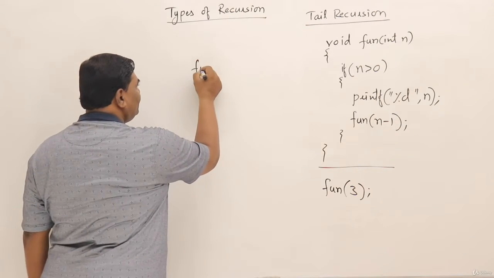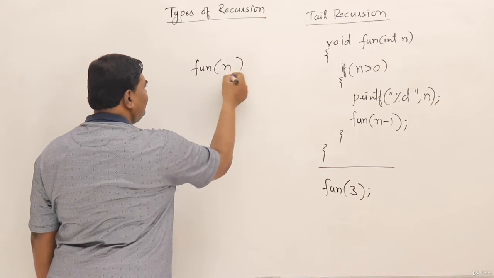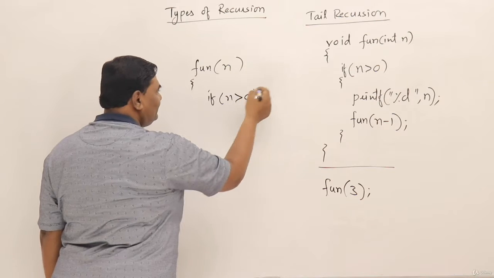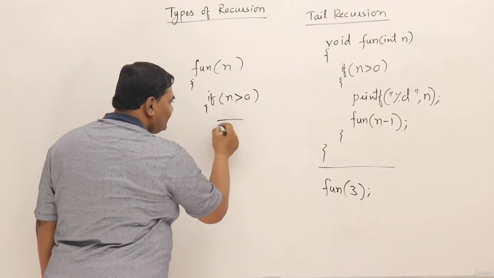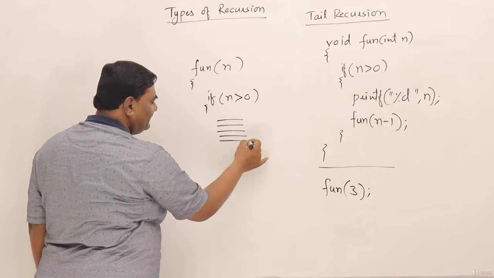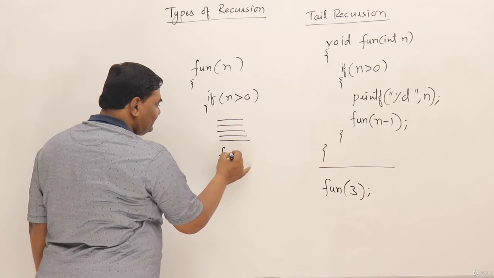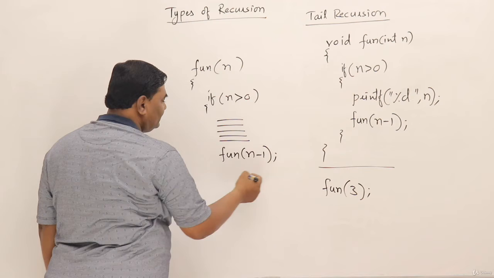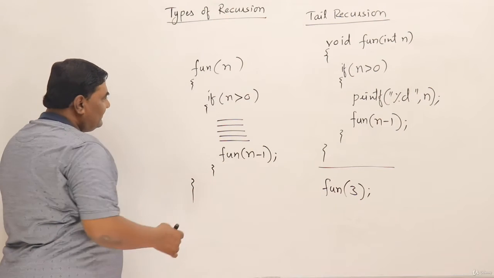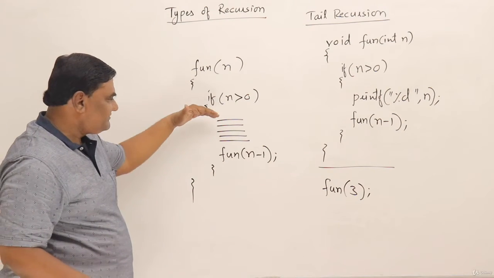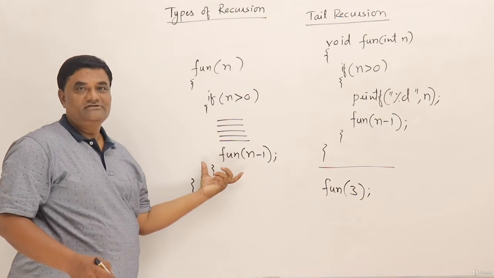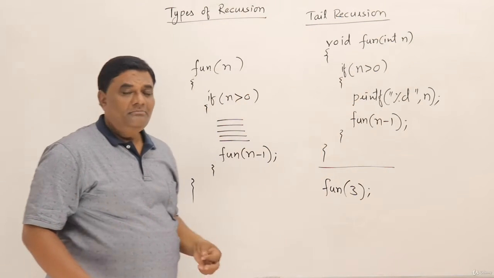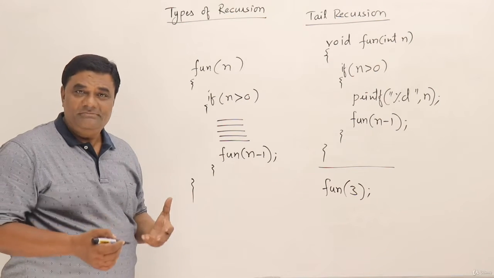For example, this is fun, taking some parameter n, and if n is greater than 0, there are some statements inside, and then the last thing is it calls itself with a reduced value of n. Whatever it has to do, it performs first, then it calls itself. In this example, I have just written printf, but a function may be doing a lot of things.